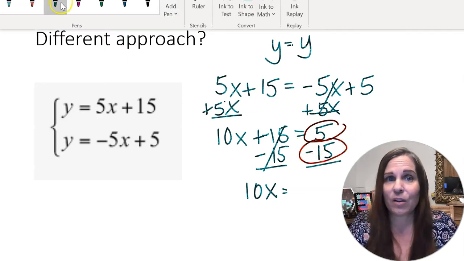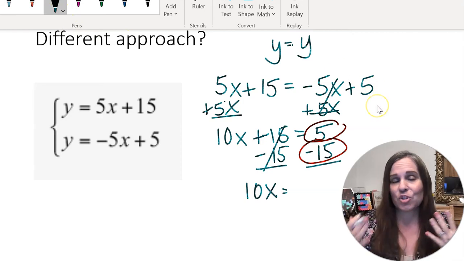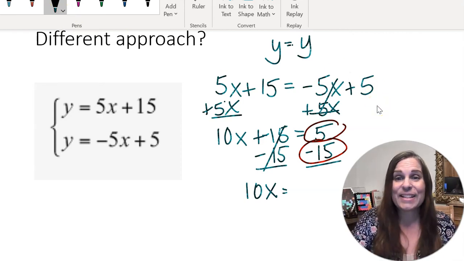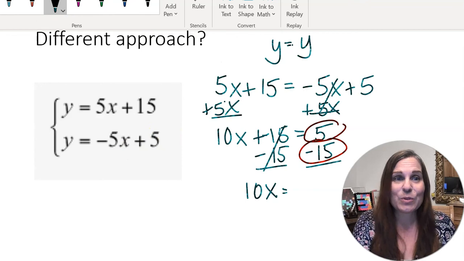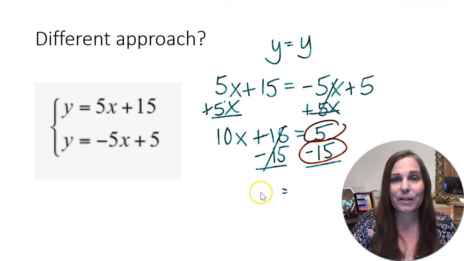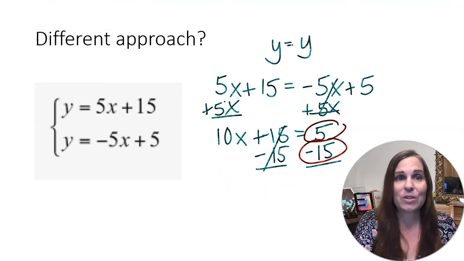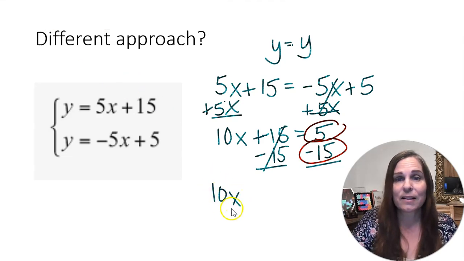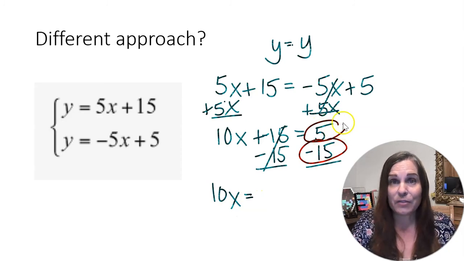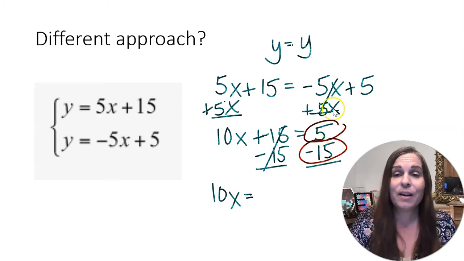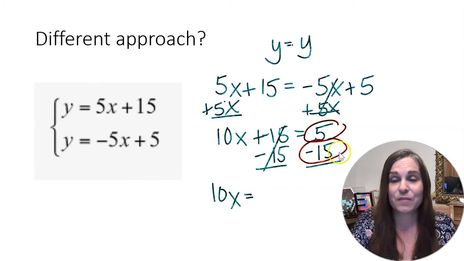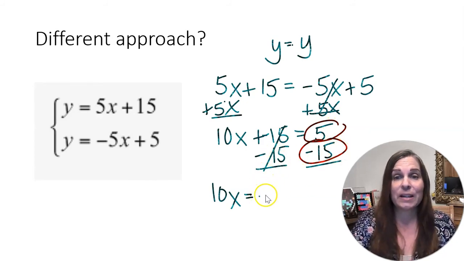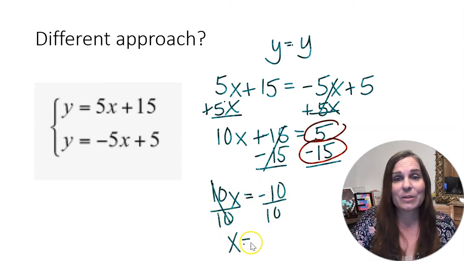I like to look at all of it as addition because then it just makes more sense in my brain. So I'm going to have 10x equals 5 minus 15, or a positive 5 and a negative 15 add together to be negative 10. Divide both sides by 10, and I get x equals negative 1.